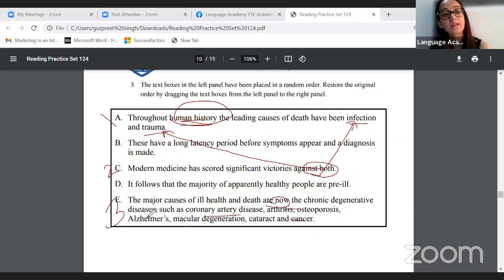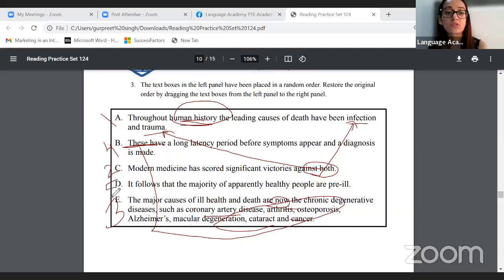And now you have a direct reference again, pronoun strategy. These have, these means the names that you just gave. These refer to all of these things. These have a long latency period before symptoms appear and a diagnosis is made.